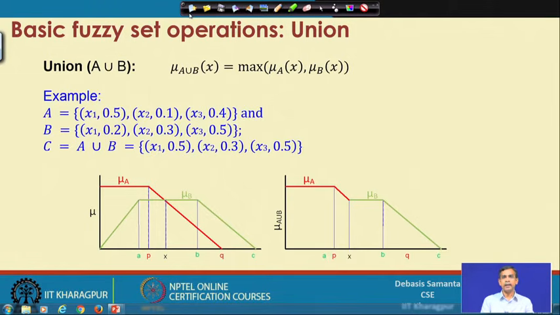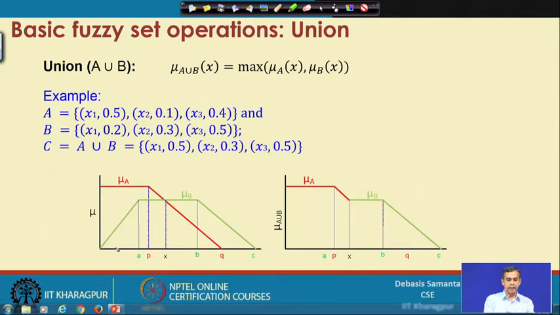Now, the same thing can be better explained with the help of a graph. So, here we see the graphical representation of two fuzzy sets A and B. Graphical representation means the representation of the membership function, how it changes with the different values of the element belonging to the two sets.